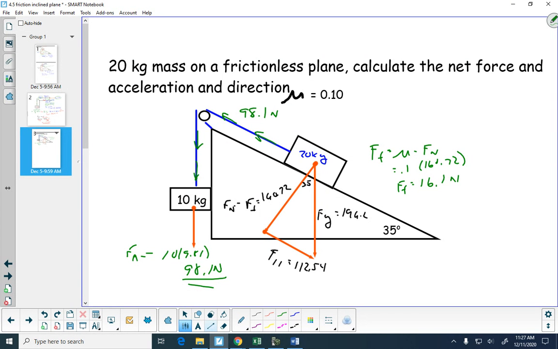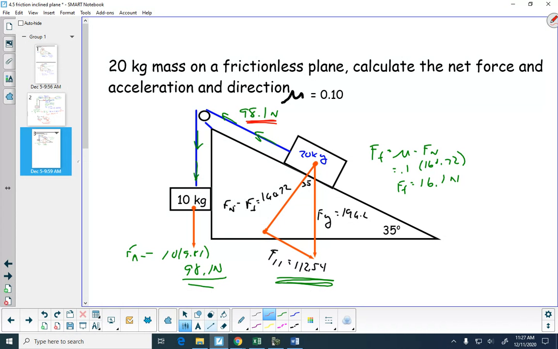Down the plane or up the plane? Down the plane, yeah, because my force parallel is 112.54. My force from this weight is 98.1 newtons. Oh boy. That's 114. Which means my force of friction is going to go that way, and that's going to be too much for my parallel force.